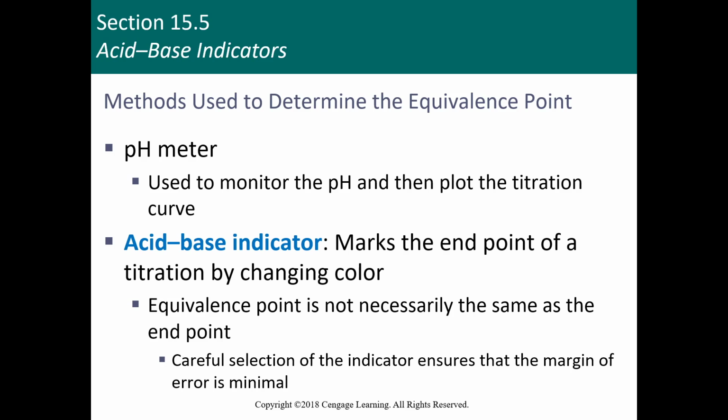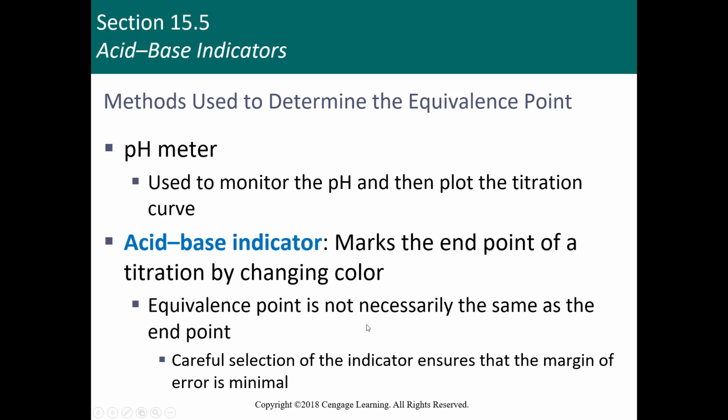So an acid-base indicator is going to mark the end of a titration by changing color. When you reach your equivalence point, or somewhere very close to it, you should have a change in color of your solution. And by the way, yes, these are all dyes. These are all acid-sensitive dyes. You can also have dyes that are indicators that are not acid-base indicators, in case you're curious.